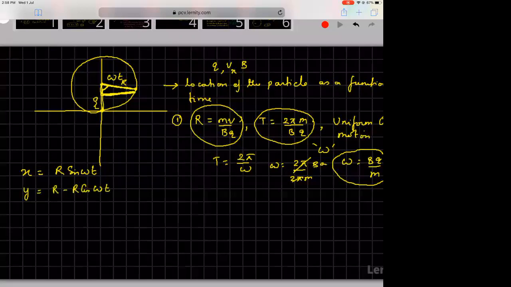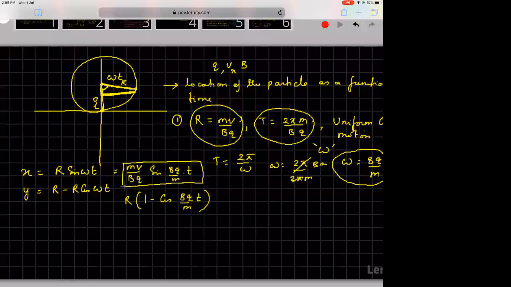So x is equal to mv by bq sine omega t, where omega is bq by m, and y is r times 1 minus cos bq by m into t. So now I have given you the position of the particle as a function of time. If you tell me the time, I can tell you where the particle is.